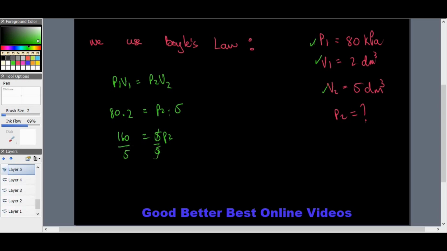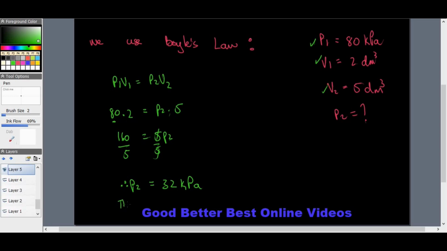Therefore the second pressure, which will be the maximum pressure, or the pressure that the balloon will burst at, is equal to 32. And because we used the kilopascal value here, we have to say kilopascals, which is 32,000 pascals.